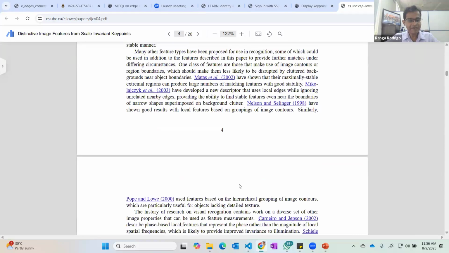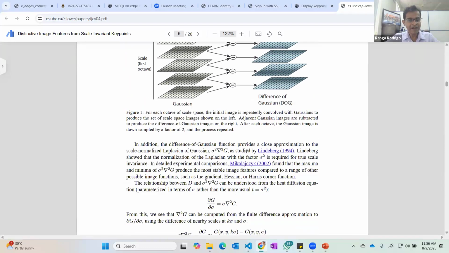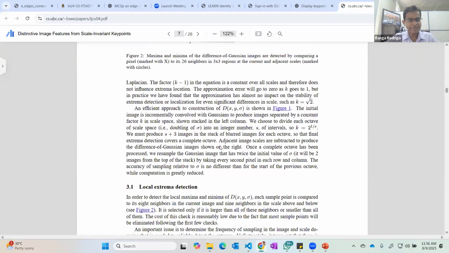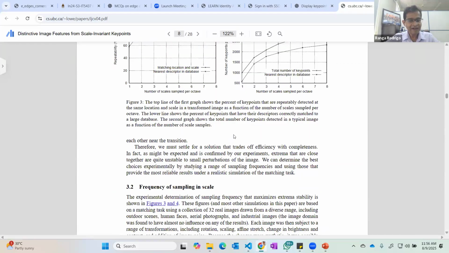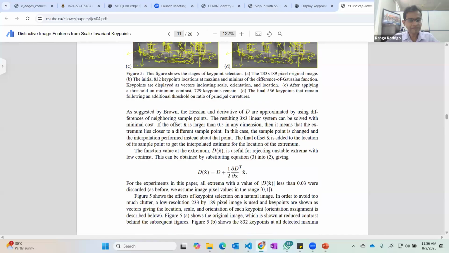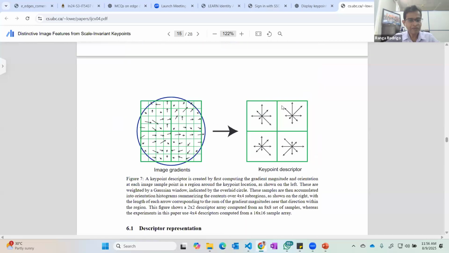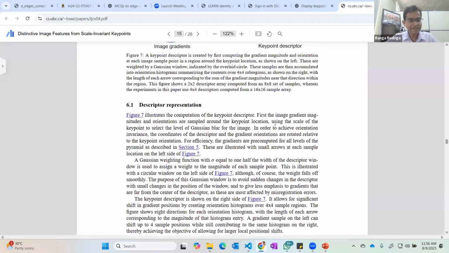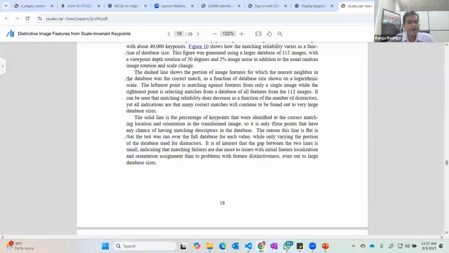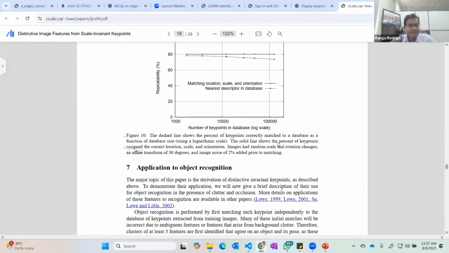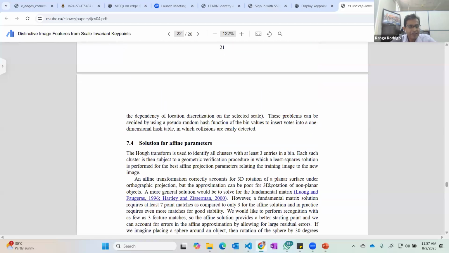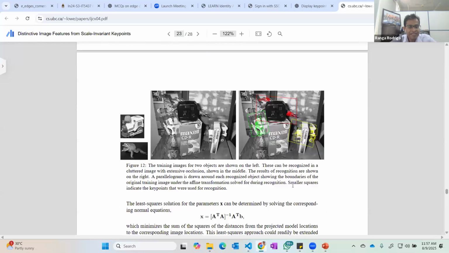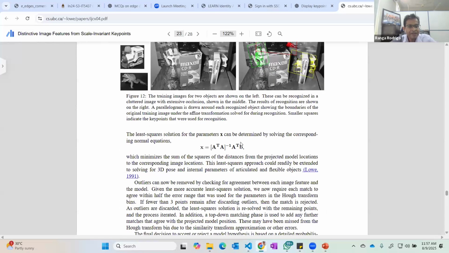You can see the difference of Gaussian computation and how they get the local maximum and how they made some decisions. And then how they compute the descriptor and other things that they do after that. There are applications also, for example, matching objects. They have shown those applications in their paper.